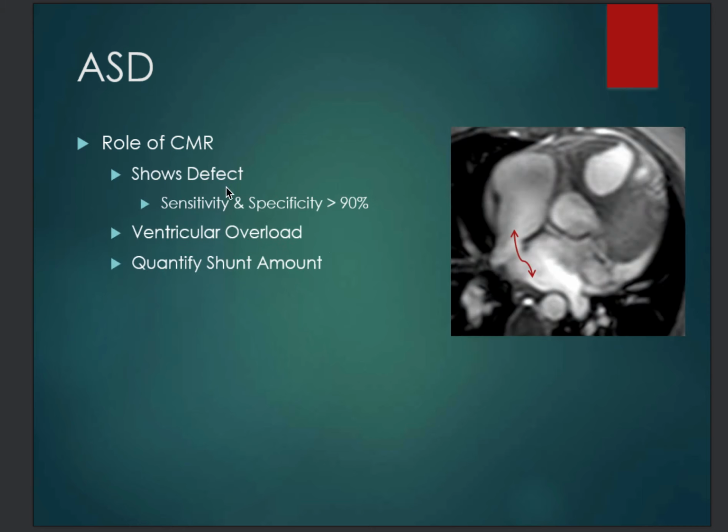To summarize, we commented on whether it's CMR or a CT, the ventricular overload, pulmonary hypertension criteria or signs, and quantifying the shunt amount. When you see a significant ASD but the shunt amount is not correlating with the size of the ASD, it might be a bad marker rather than a good marker, because it could be a marker of Eisenmenger syndrome.